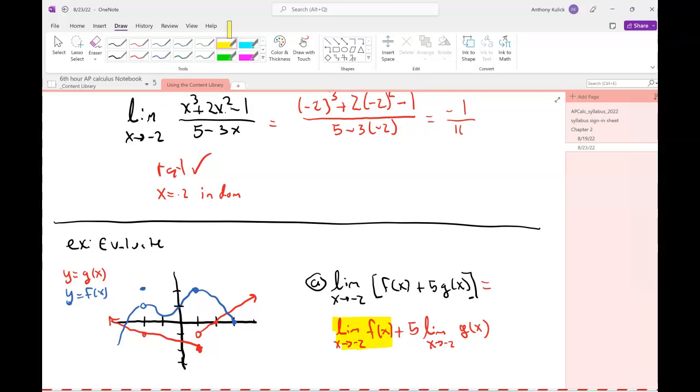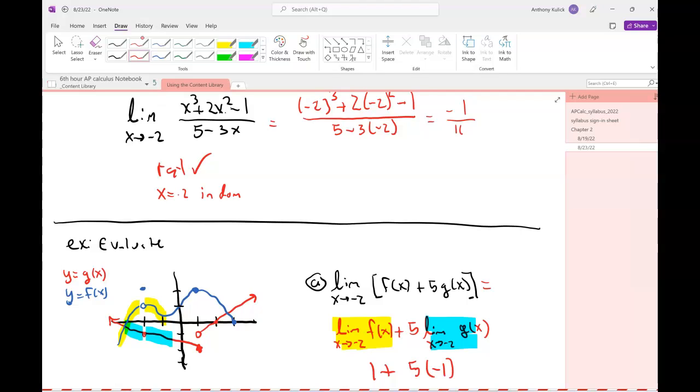So f of x at -2. So there's my left-hand limit and my right-hand limit. That appears to be 1. And then to do g of x at -2, my left-hand limit, my right-hand limit appear to be -1.